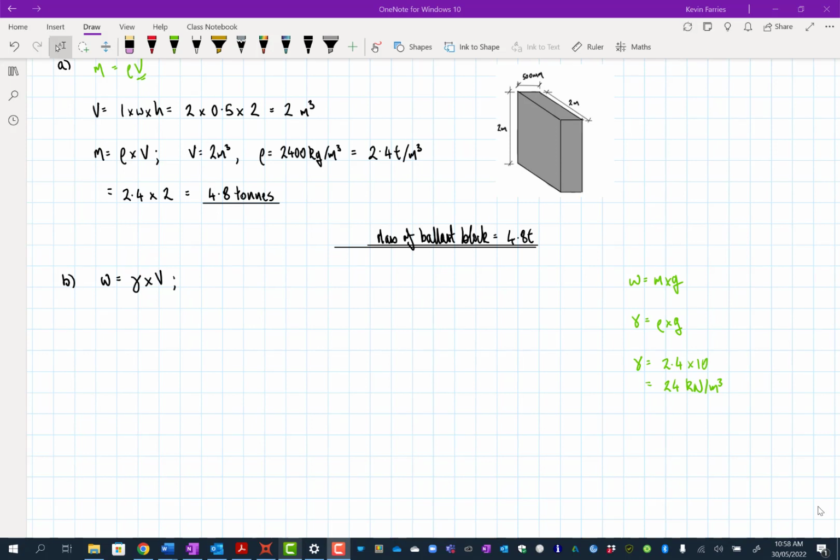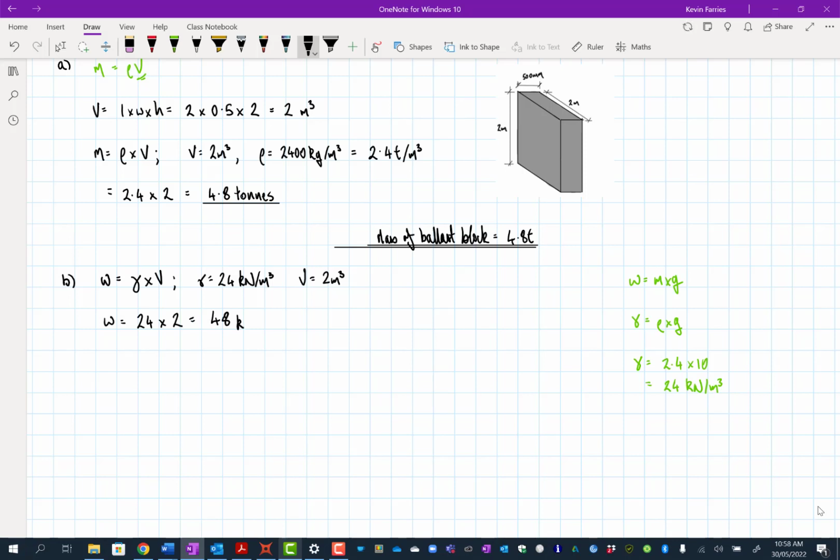So now we're going back to here. We know gamma is equal to 24, so the unit weight is 24 kilonewtons per meter cubed. And we know our volume is 2 meters cubed. And so our weight is equal to unit weight times volume. So it's 24 kilonewtons per meter cubed times 2 meters cubed, which is equal to 48.